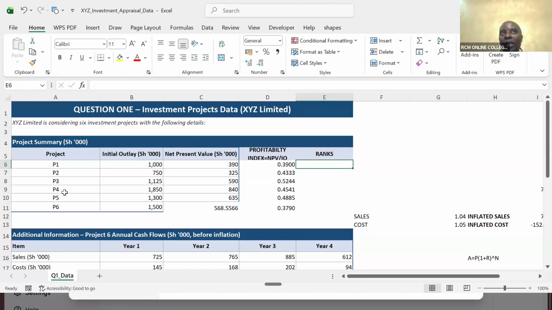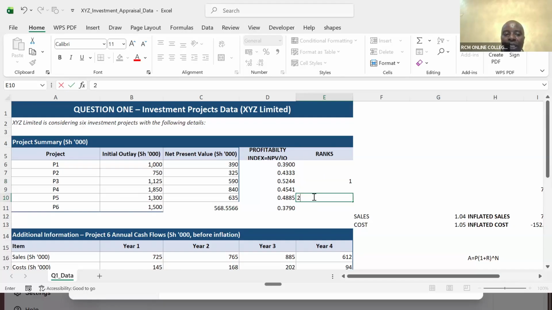Once you rank one, then the other one can't happen. So when you're ranking, remember the higher the profitability index, the better. The one that will take up number 1 will be this one with 0.52. After that, 0.48 takes up number 2.